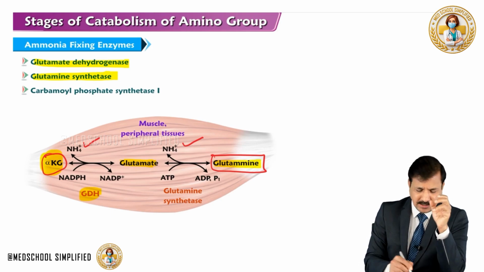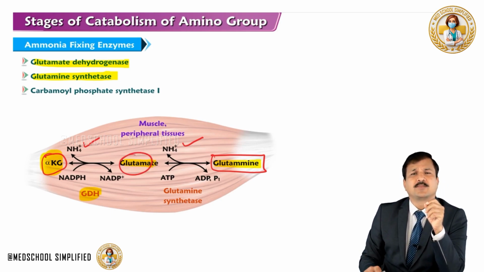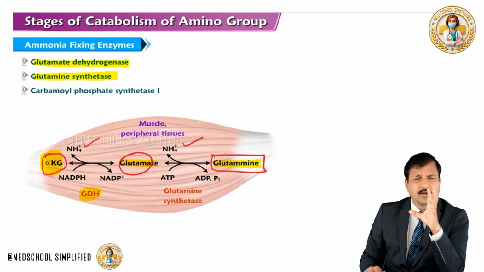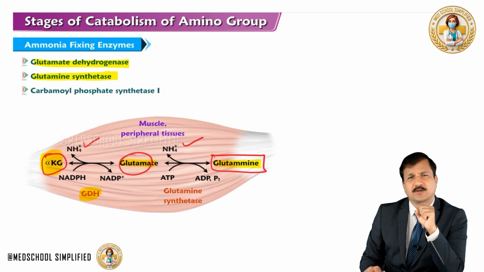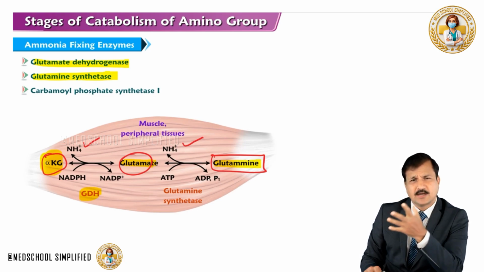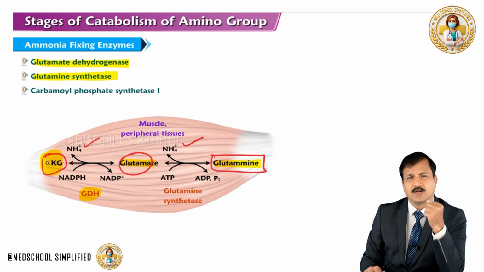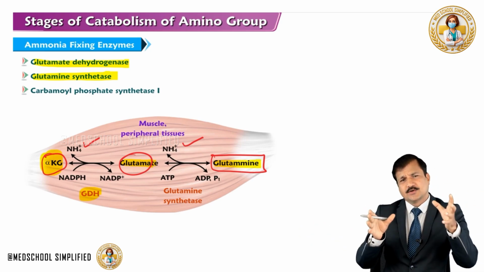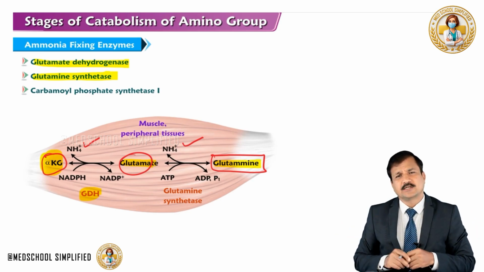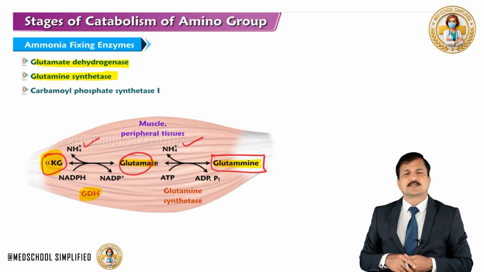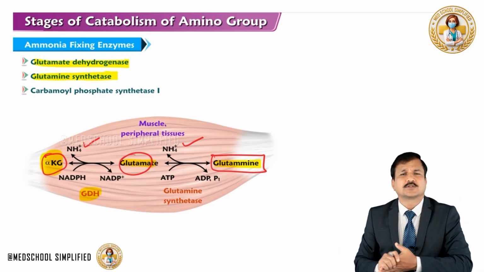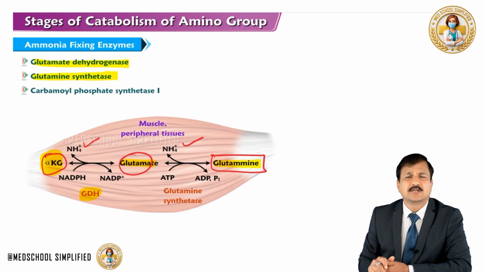In fact, when you compare the total available amino acids in the blood, glutamate and glutamine themselves represent around 40 to 50% of the amino acids that you are going to find in the blood, because every tissue is sending glutamate and glutamine out of their cells into the blood, so that they will be going to the liver, because the transamination reaction will make glutamate, and glutamate can further undergo amidation to become glutamine.